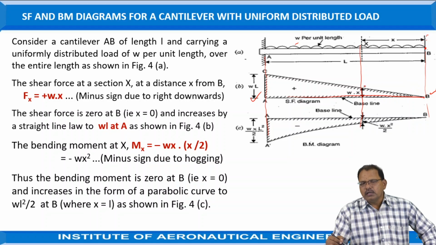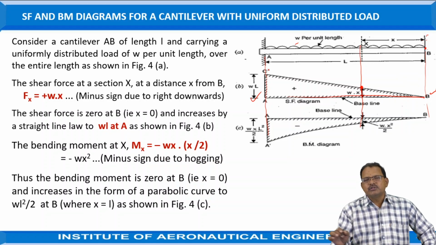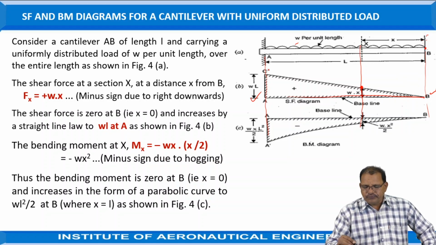That is, it follows a straight line law. Hence, at a distance of X, draw a vertical line equal to w into X, because the shear force at this position is w into X. Join the points by a straight line like this. Similarly, the shear force at C is equal to the total force.